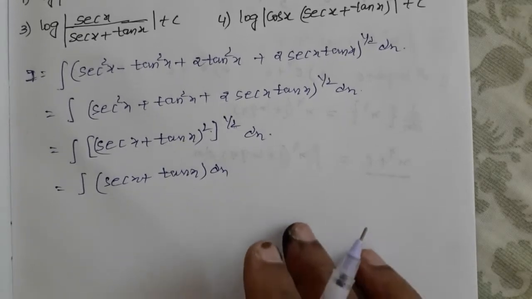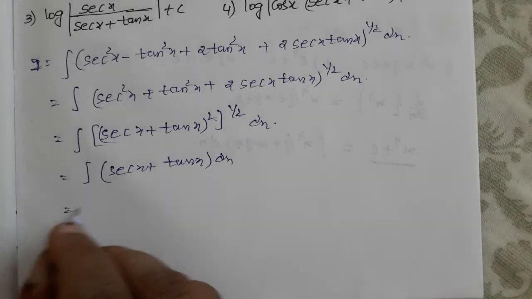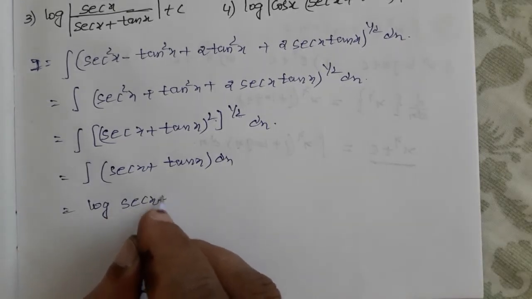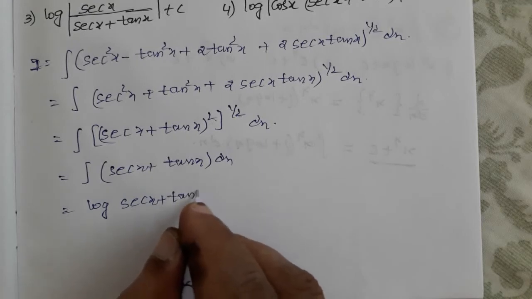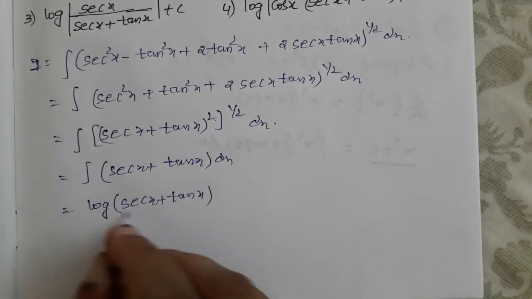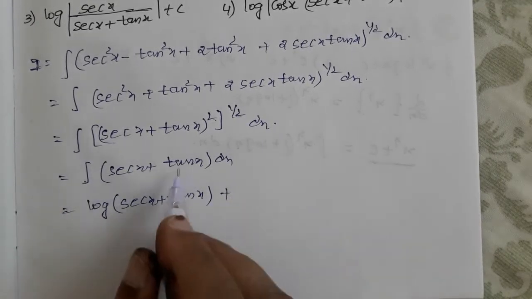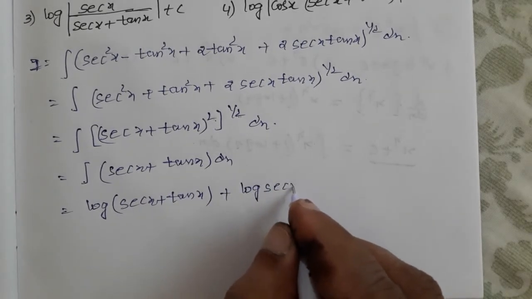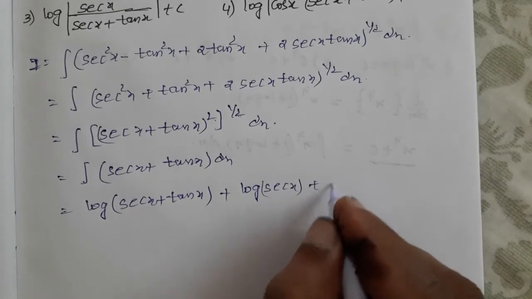Now the integral of secant x will be log modulus of secant x plus tan x. This is the formula for the integral of secant x. Similarly, the integral of tan x will be log mod secant x, plus c.